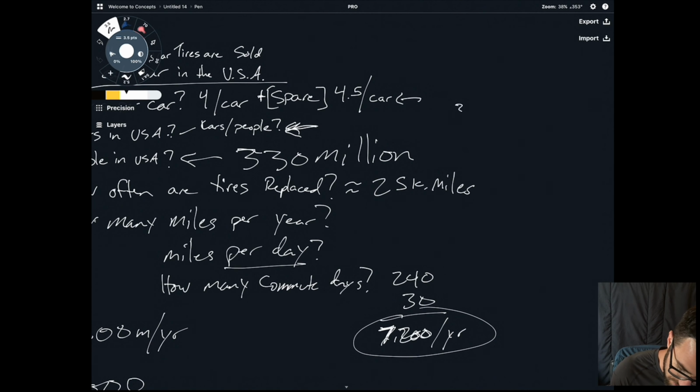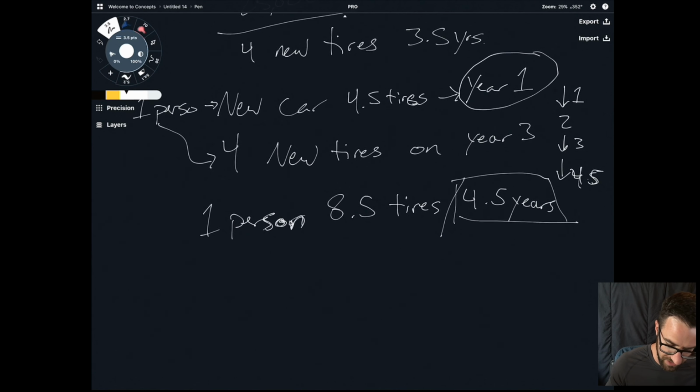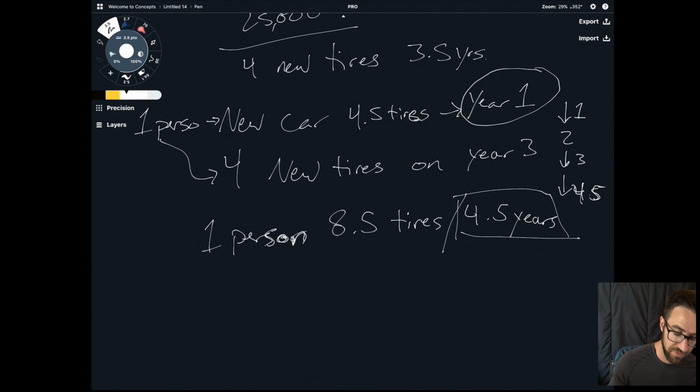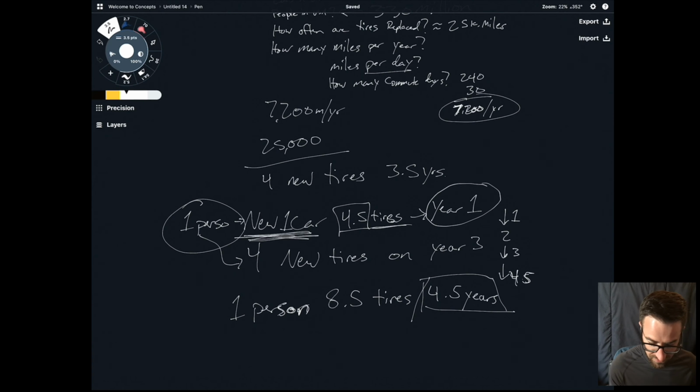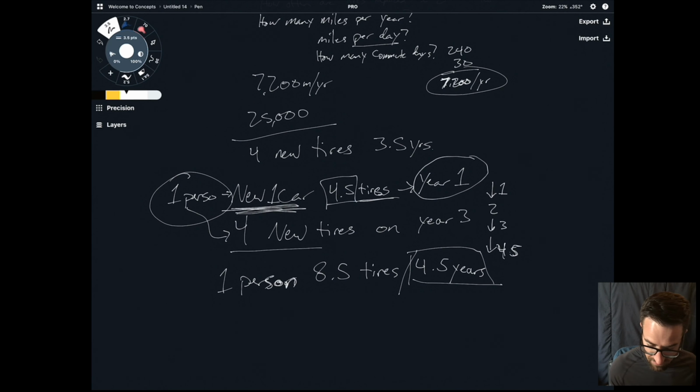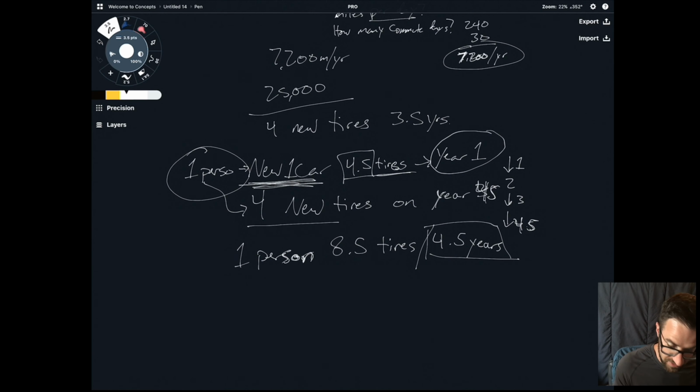So it'd be 3 people per car. Now, that means down here our numbers are changing. Because what we assumed was one person got a new car. So one person, what I really meant was one new car. So one car had 4.5 tires in their first year, and then got 4 new ones on year 4.5, actually, which meant one person or one car.